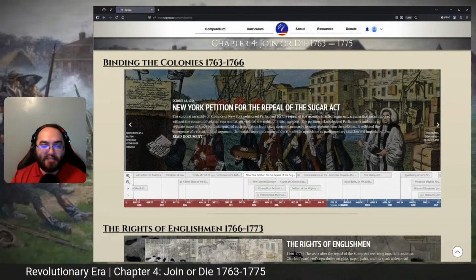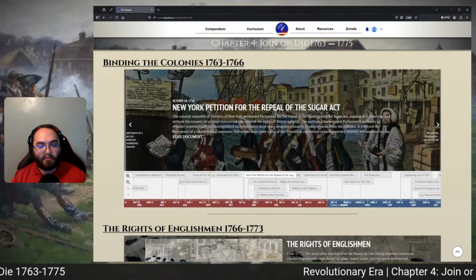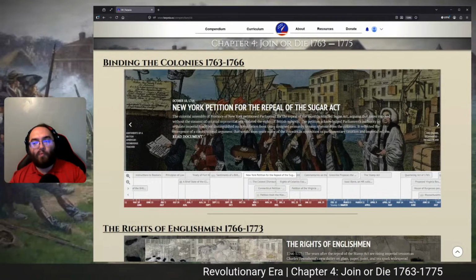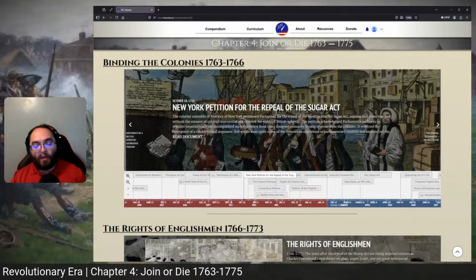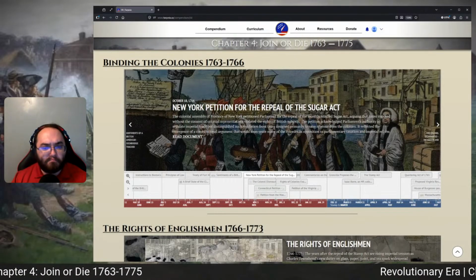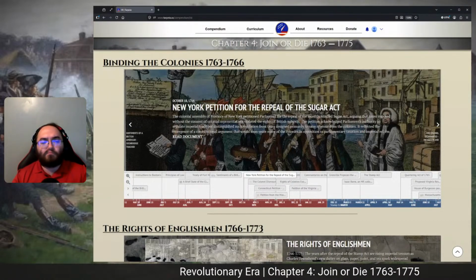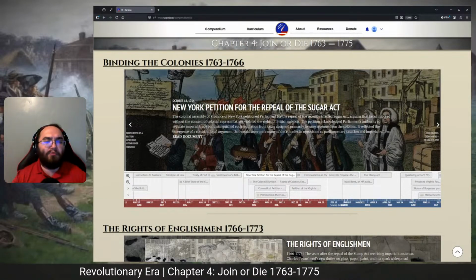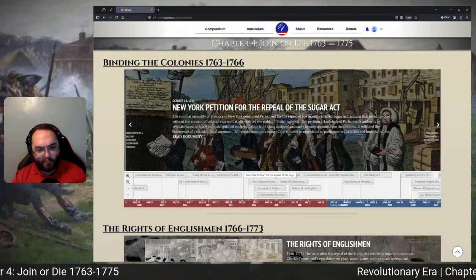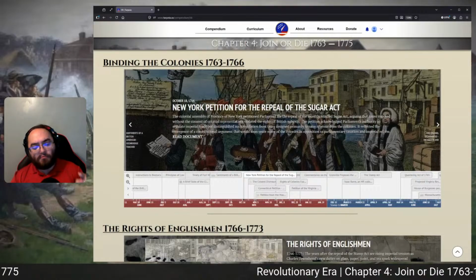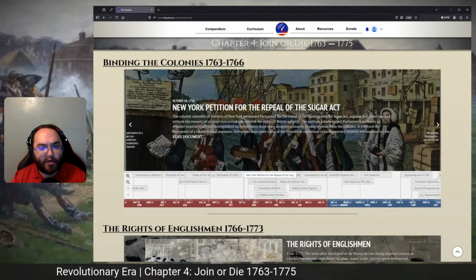And what's interesting about this petition is they counter the argument that Parliament makes, where these taxes are just a way for the colonies to pay their fair share. Like, the colonies are not paying enough in taxes, and therefore, they should pay their fair share for their own defense. In this petition, New York will argue that New York, during the French and Indian War, paid above and beyond its fair share.